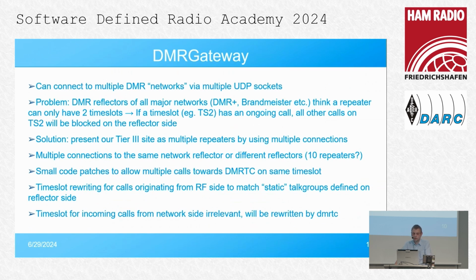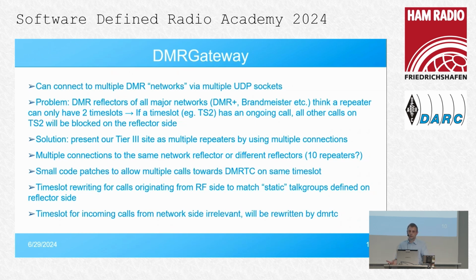DMR gateway is used because we have sort of a problem. Most major DMR networks think a repeater can only have 2 time slots. That is causing some issues because when there are 2 incoming calls on the same time slot, the reflector software will block one of the calls on their side.